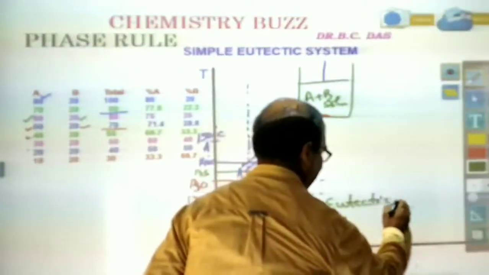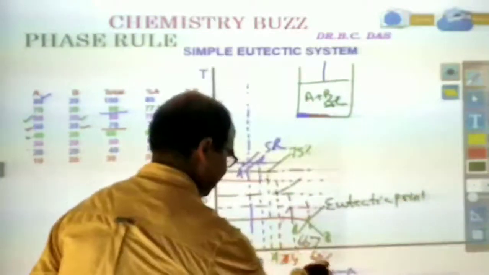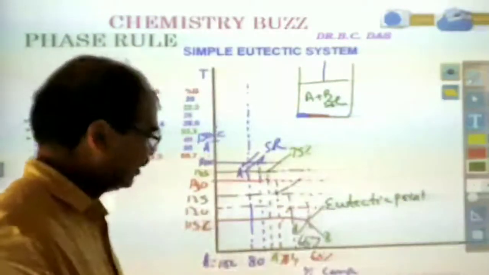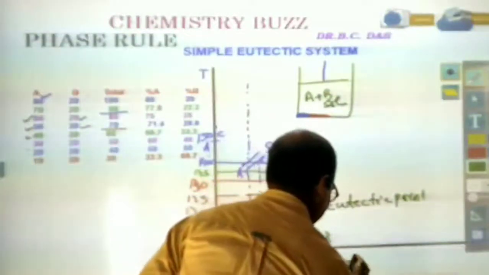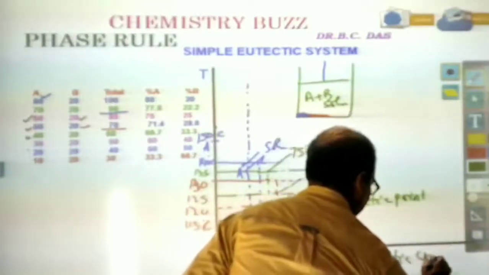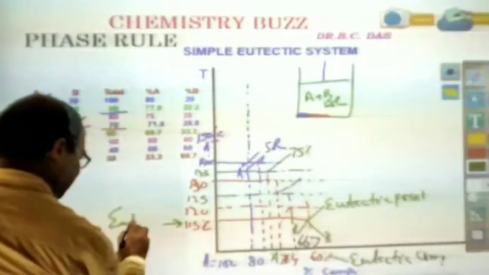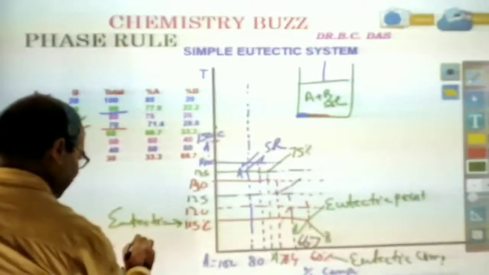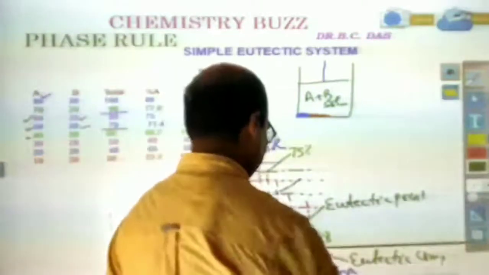This composition is called the eutectic composition, that is 60% is the eutectic composition, and this is called the eutectic temperature.